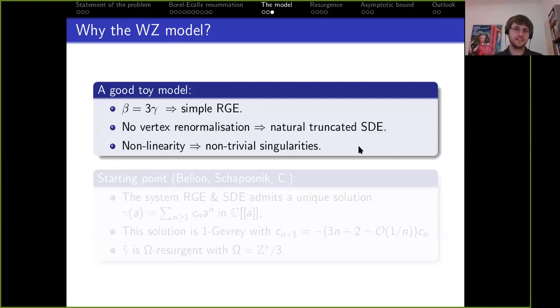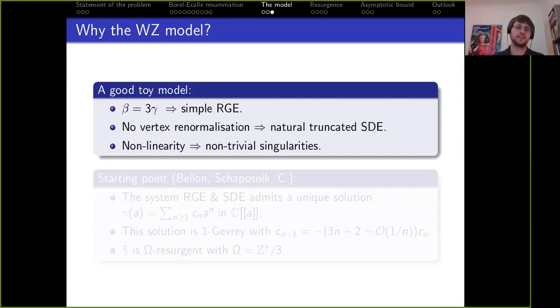But the fact is, it's also a good model because of this non-linearity in the Schwinger-Dyson equations. By non-linearity, I mean that you renormalize two propagators. And this is a very important feature of more physical models. It makes your life more difficult, arguably. In this case, it will make the algebra of singularities more complicated.